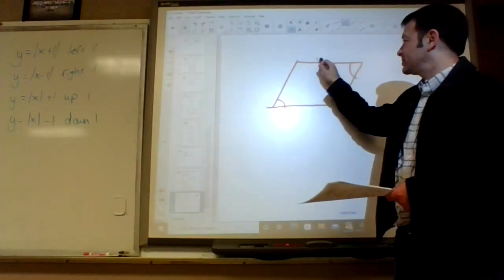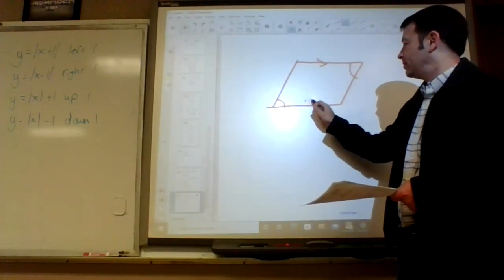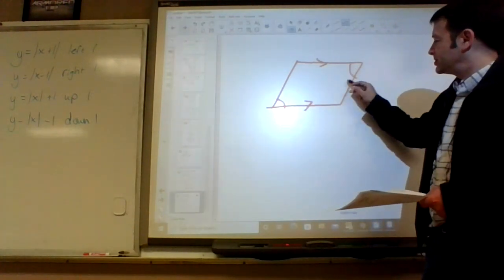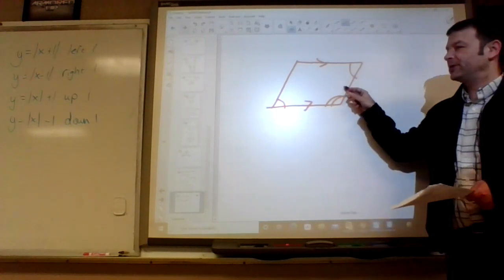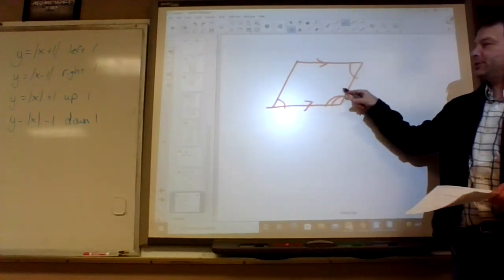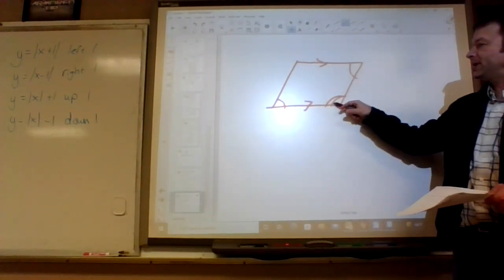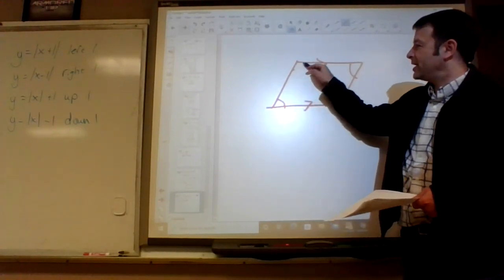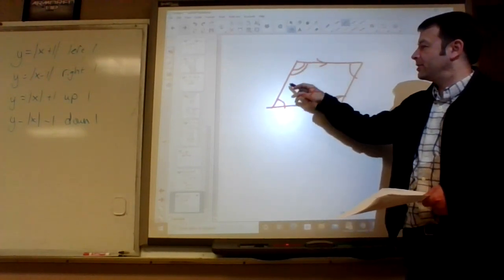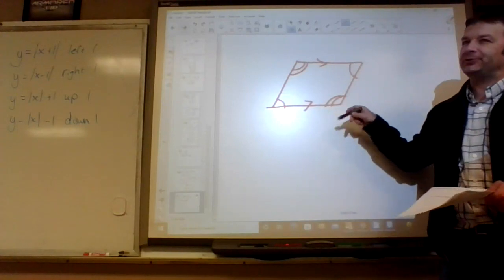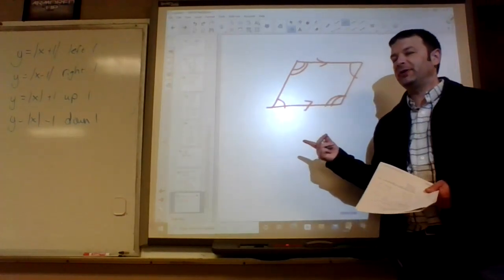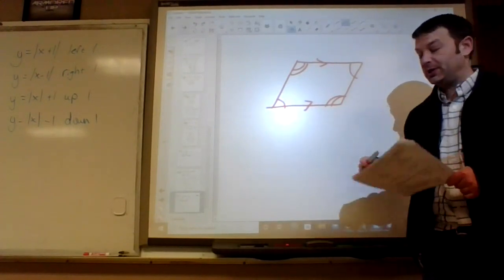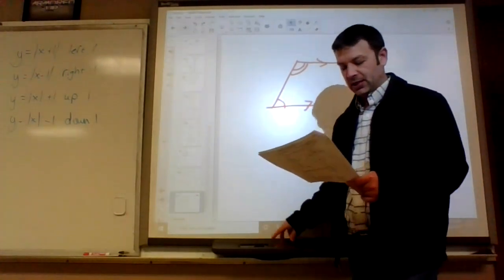But it also tells us these lines are parallel, which means these angles in between, remember they're called consecutive interior angles, are supplementary. These two have to add up to 180, and these two have to add up to 180. Therefore, supplements of congruent angles are congruent. So we do know the opposite angles are congruent. So yes, for D. D is yes.